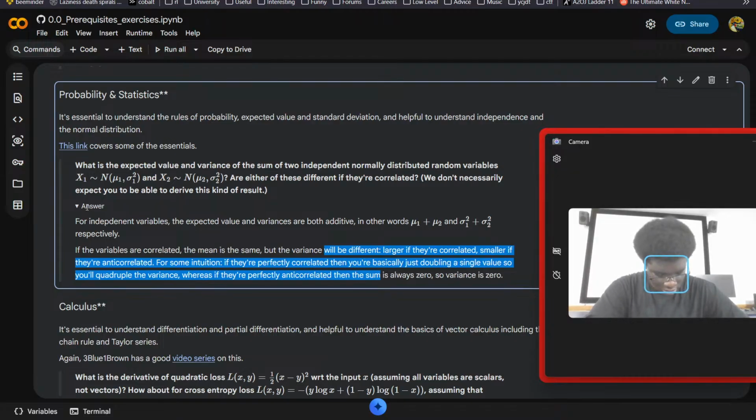Oh, okay, I see. So the variance of x1 plus x2 is just variance of x1 plus variance of x2. Okay, and then you've got this extra term, which is E of x1, x2 minus 2 times E. Oh wait, no, that should be like this.